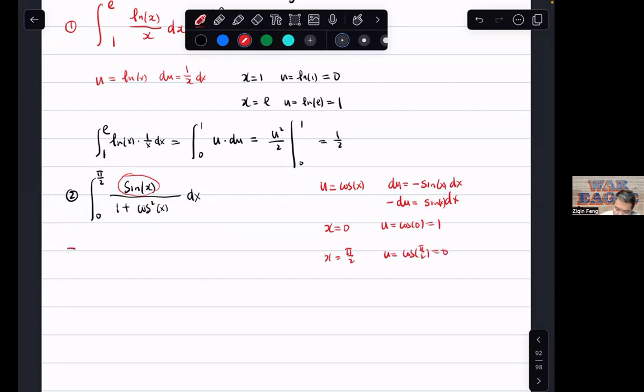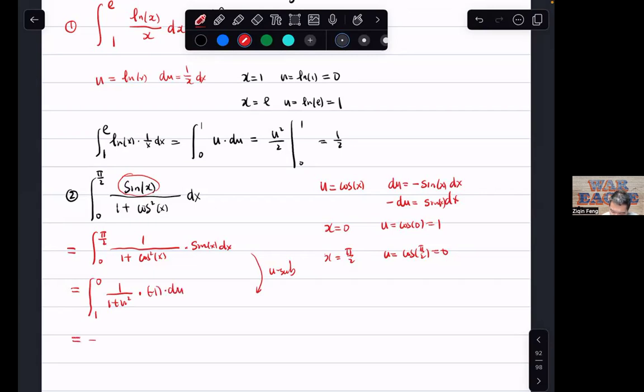Now let's do the substitution. Before we do that, we just make it easier to see the substitution by writing the sine of x dx. Now from here to here, we are doing the u-sub. The lower bound and upper bound go from 0 to pi over 2 to 1 to 0. This is 1 over 1 plus u squared times negative 1 times du. The negative 1 really doesn't matter, so take it out.